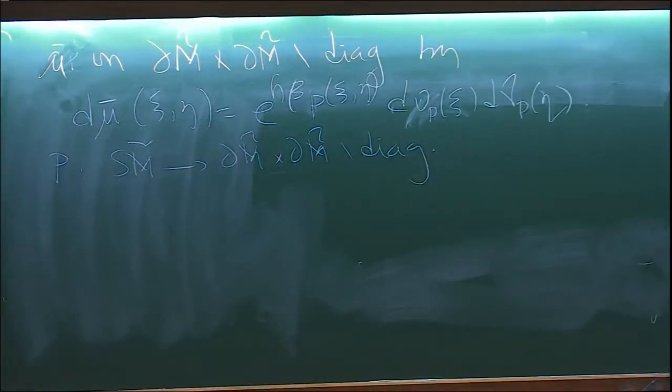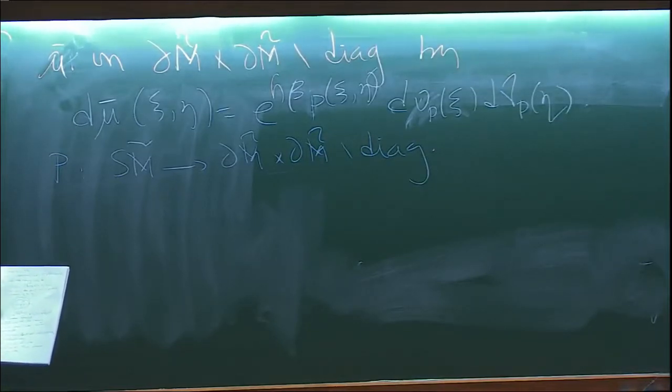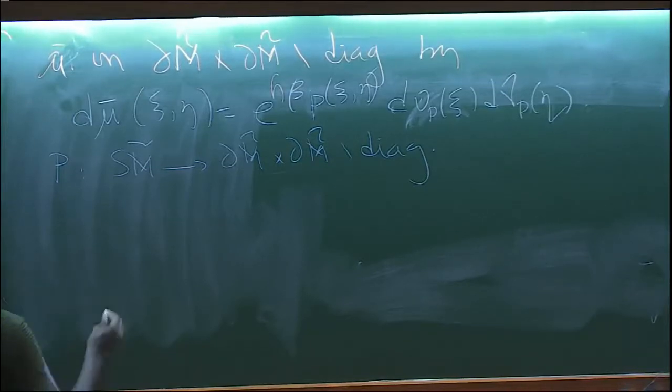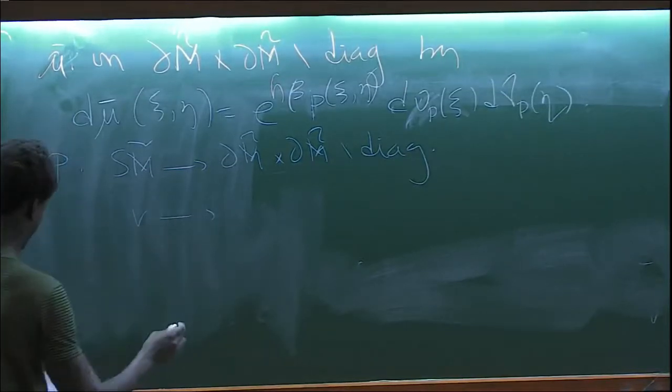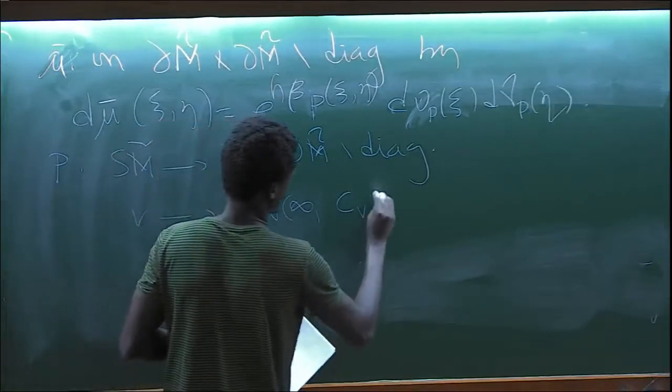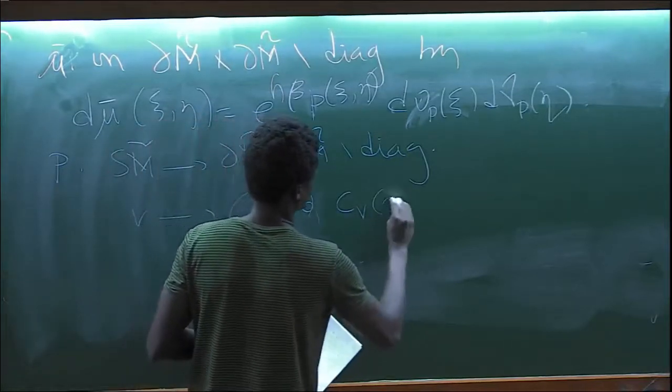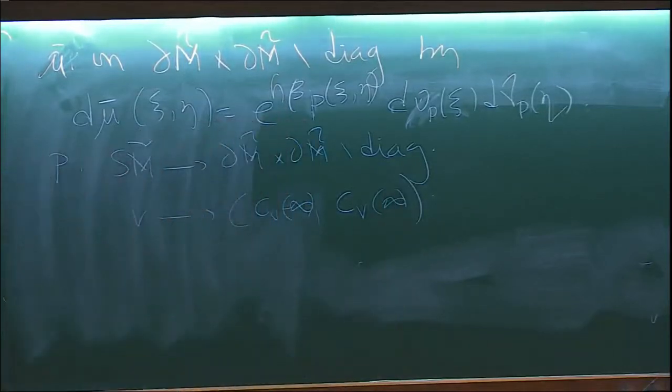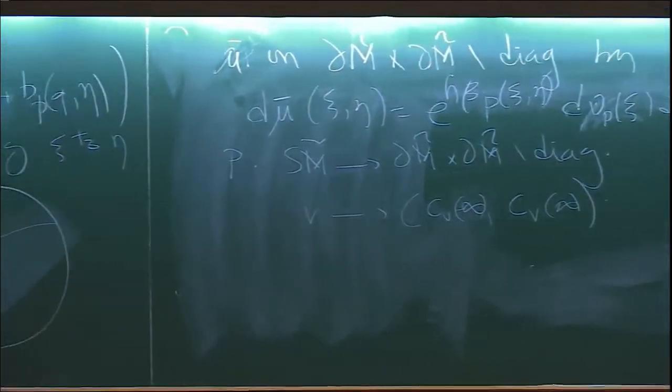This is just given by c_V minus infinity and c_V infinity. If you give me any vector on the universal cover, I can draw the geodesic passing through this vector, and the two endpoints of this geodesic are given by this map.